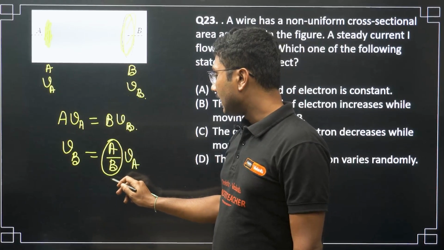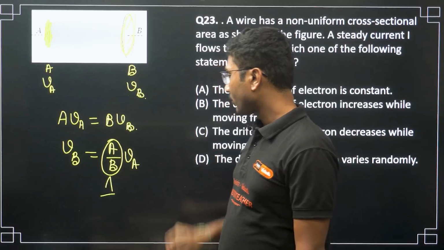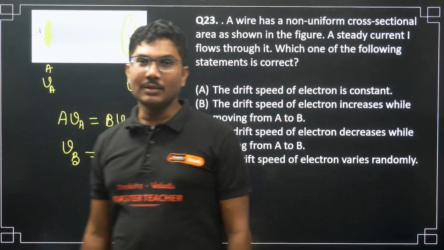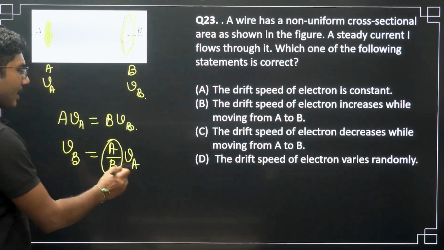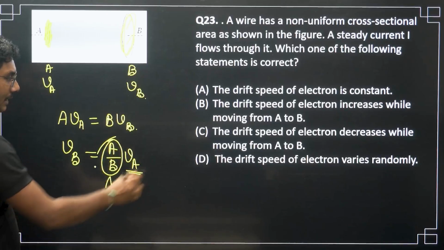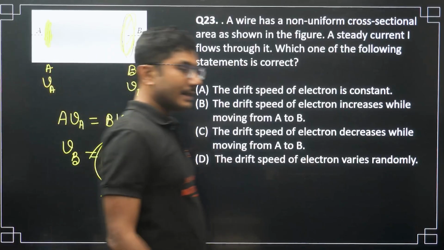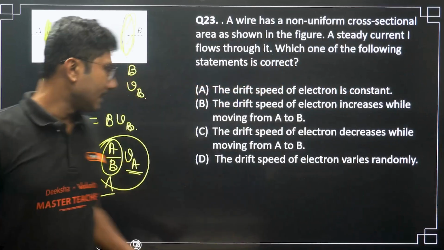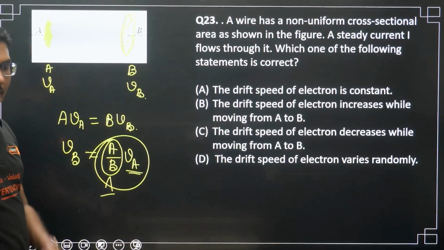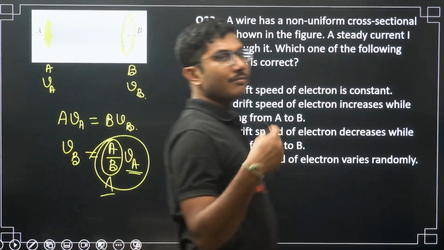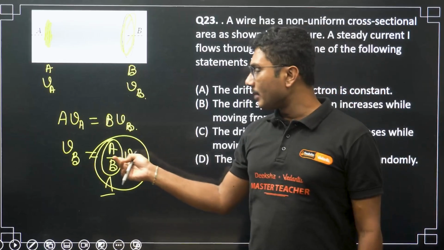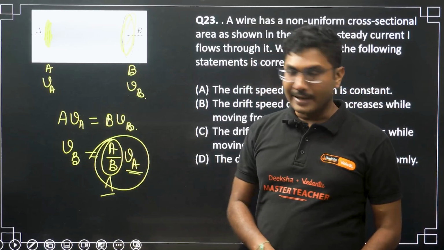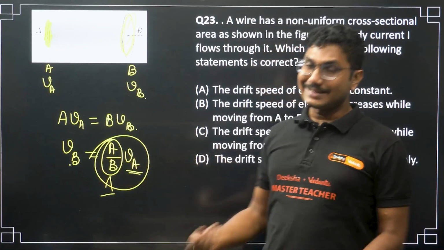Less than 1 means if you multiply with VA, the total value will be less than that of VA. Suppose this is 0.5, just as an example, and VA is 10, then 0.5 into 10 will be 5. So VB's value will be less than that of VA.